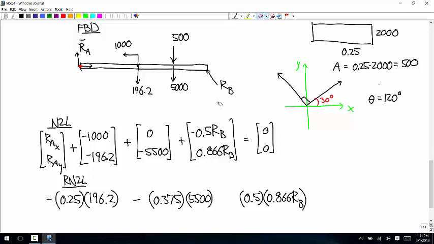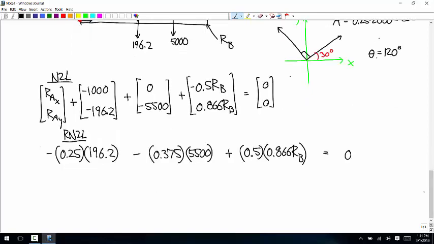That force would make it rotate counterclockwise, so that's positive. And those add up to 0. Solve that, and what do you get for RB? What was it? 4876.42. Okay, and then you can plug that in and solve for RA. And what do you get for RA?